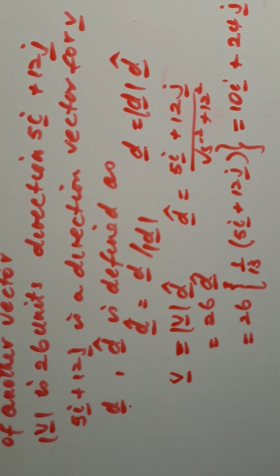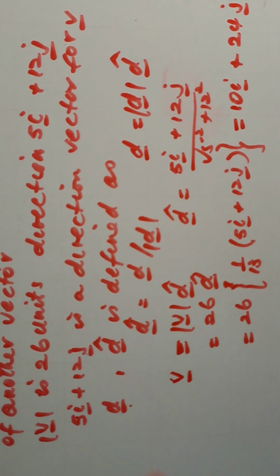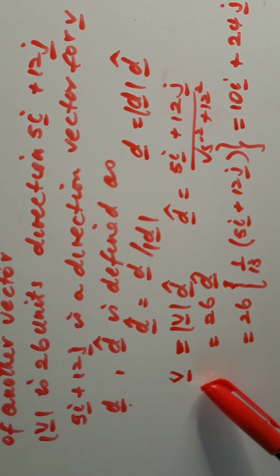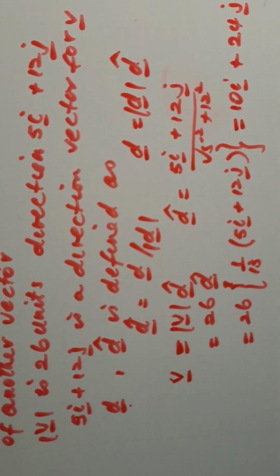So given the magnitude, which is 26 units, of a vector v in the direction 5i + 12j, we're able to determine the vector v, which is 10i + 24j.